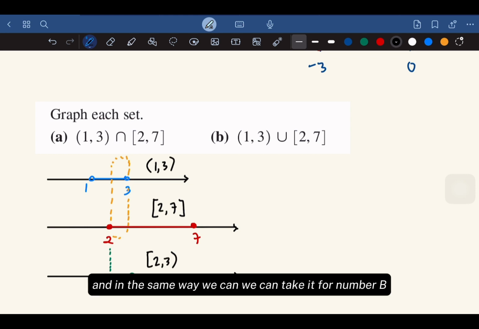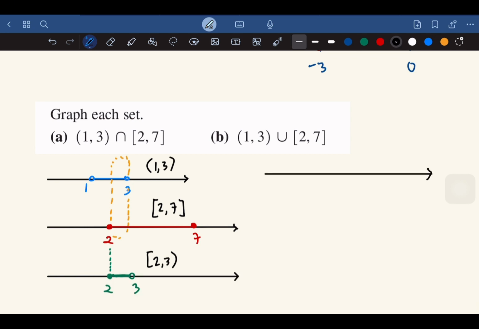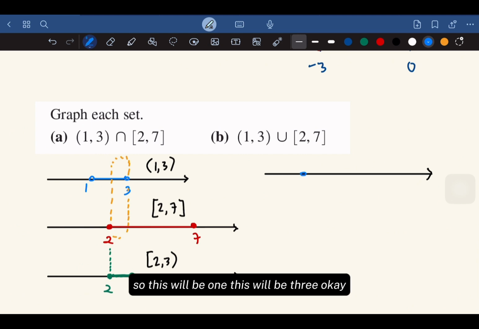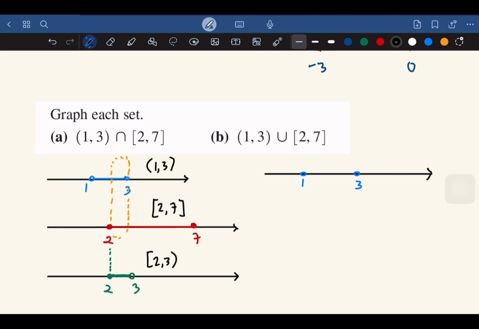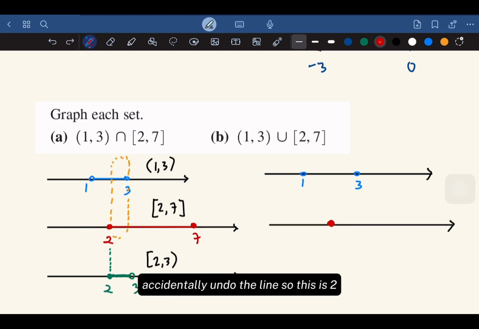And in the same way, we can take it for number B. So this will be 1. This will be 3. Okay. I accidentally undid the line.